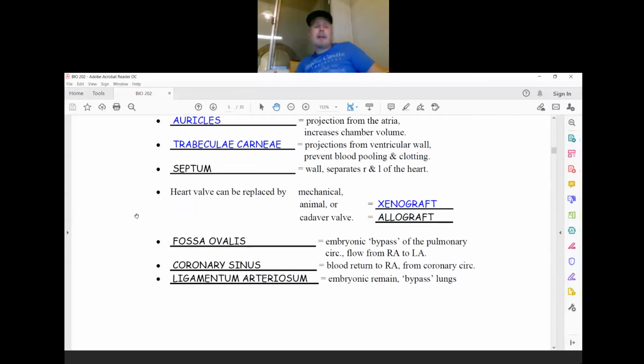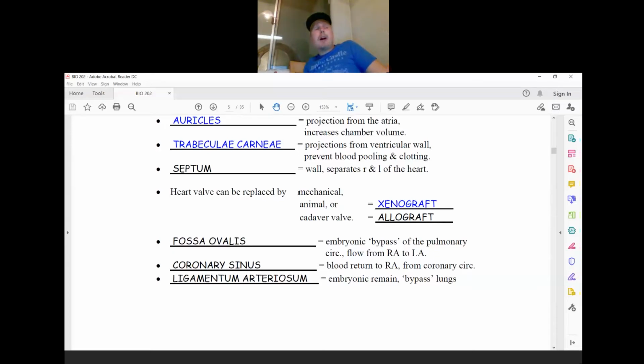I mentioned earlier on that we can have issues with heart valves. They can be replaced if we cannot fix them through a surgical intervention. We can put in a fully mechanical heart valve. That's one option. But fully mechanical heart valves are not ideal, especially for a younger patient, because the heart keeps growing throughout your age.